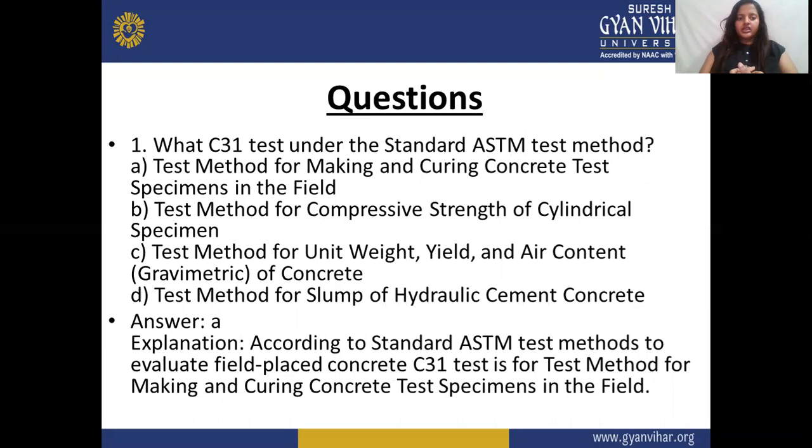The third is test method for unit weight, yield and air content, gravimetric of concrete. And the fourth option is test method for slump of hydraulic cement concrete. So we understand this is an important question, and the answer is A, which refers to test method for making and curing concrete test specimens in the field.